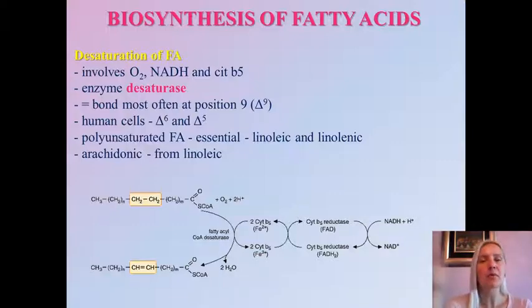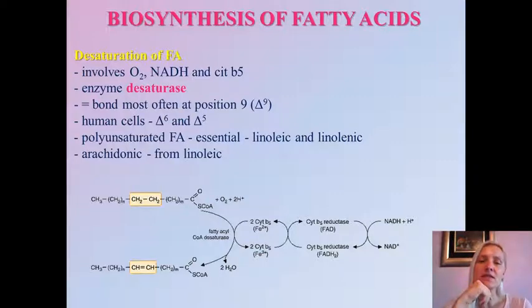So if you remember the structure of most common fatty acids, most of them, apart from arachidonic, have the first double bond at position number 9. In human cells, we can make double bonds at position number 6 and at position number 5, and not on the rest of the positions. On positions 12 and 15, we cannot make desaturation.